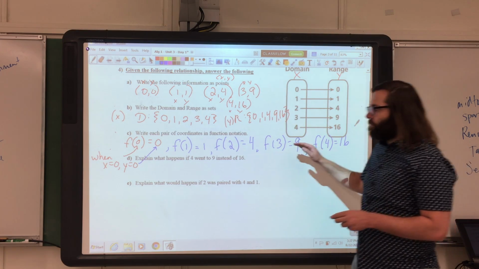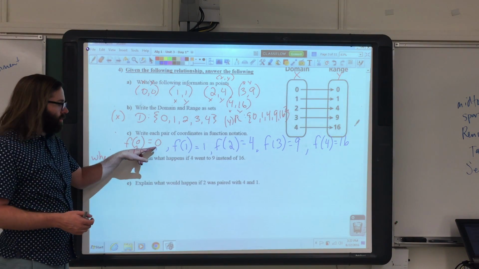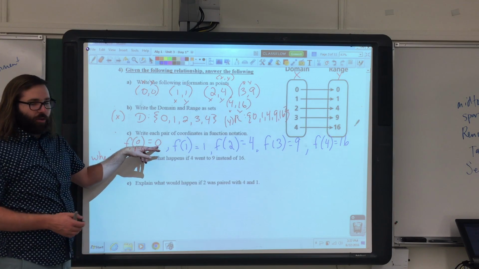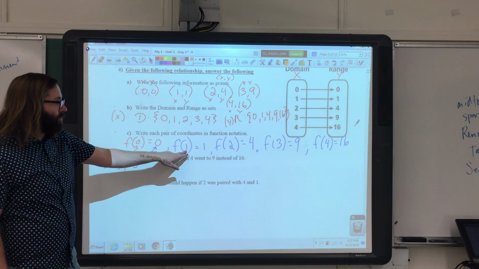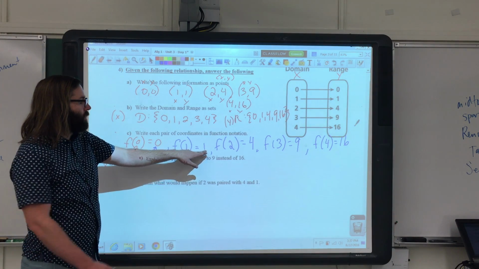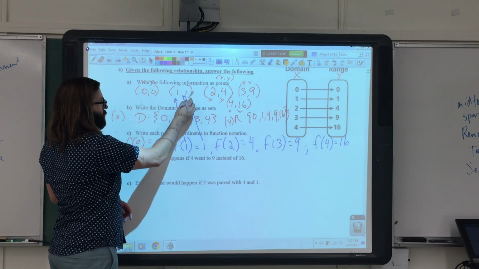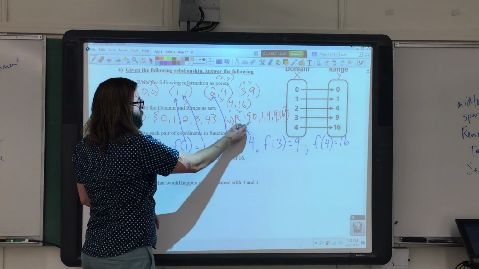Okay? So function notation, you're just substituting in the x's and the y's. So you plug your x's in here, and you just list your y's. So when x is 0, y is 0. When x is 1, y is 1. When x is 2, y is 4.